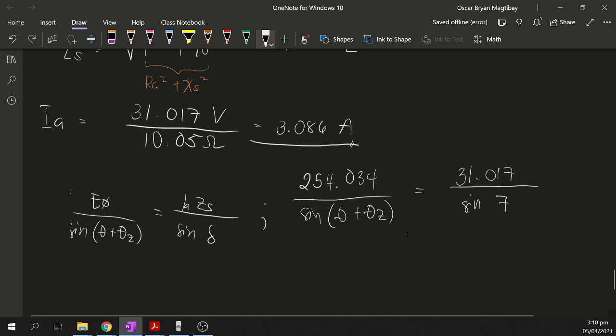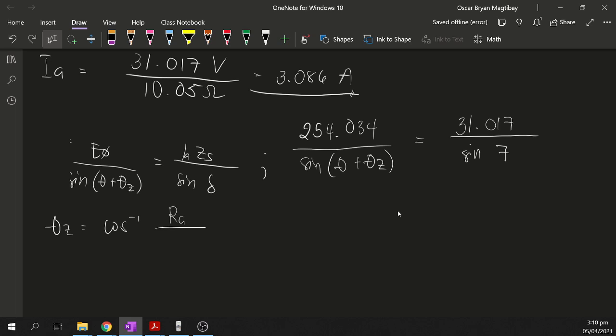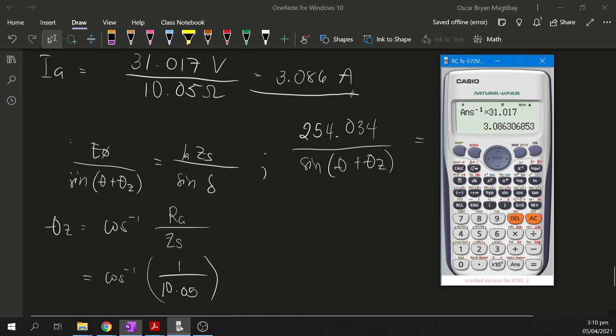Now, meron tayong theta Z na kukuhanin. Tandaan natin, ang theta Z natin is makukuha natin by getting the arc cosine of RA over ZS. So, this is equal now to arc cosine of 1 all over 10.05. Shift, arc cosine ng 1 divided by 10.05.